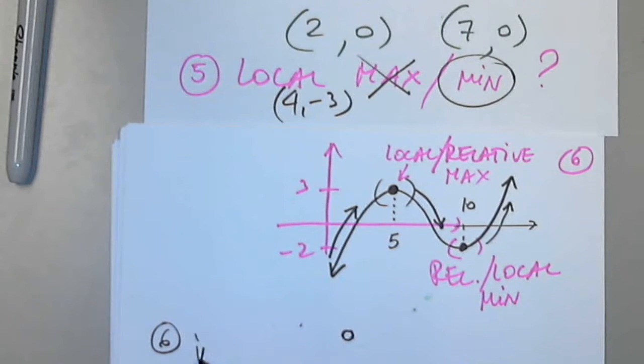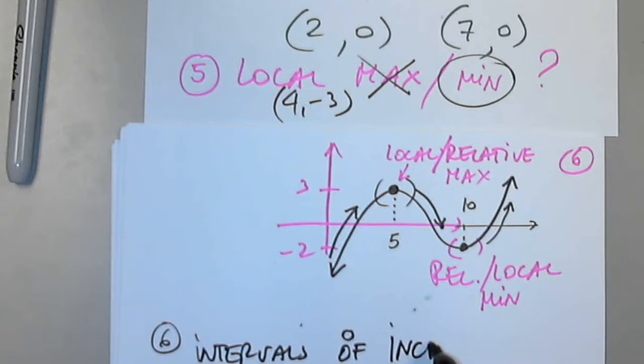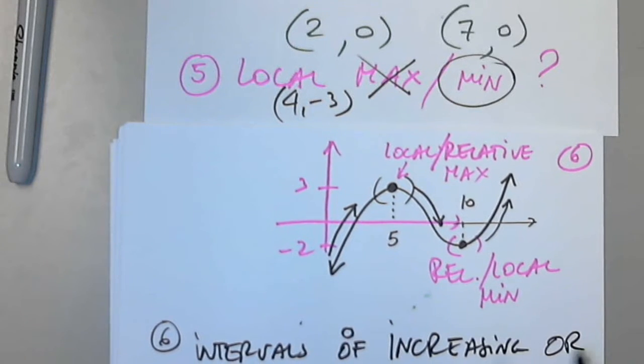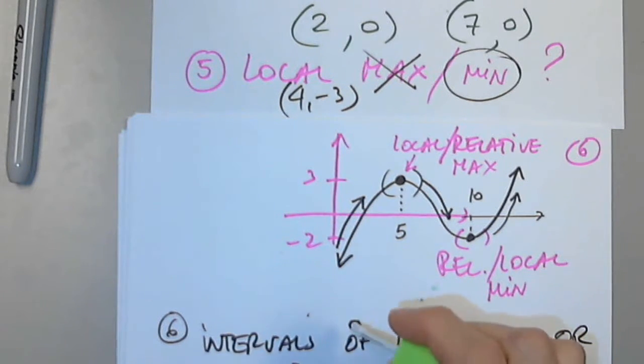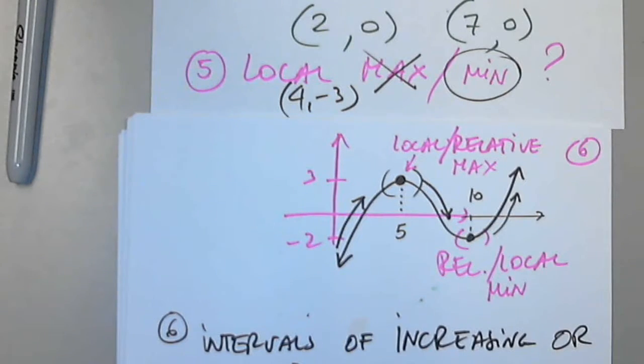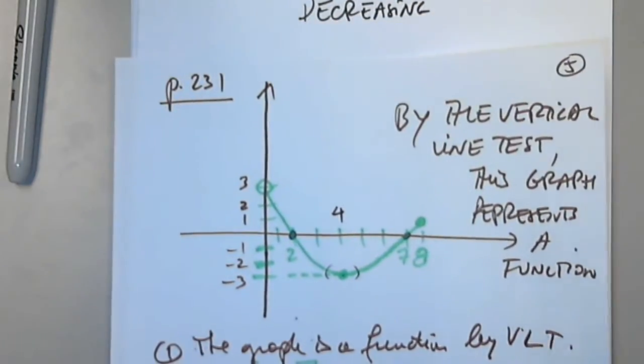Number 6, intervals of increasing or decreasing. So let's go back to the graph of this function. And I see the trend.